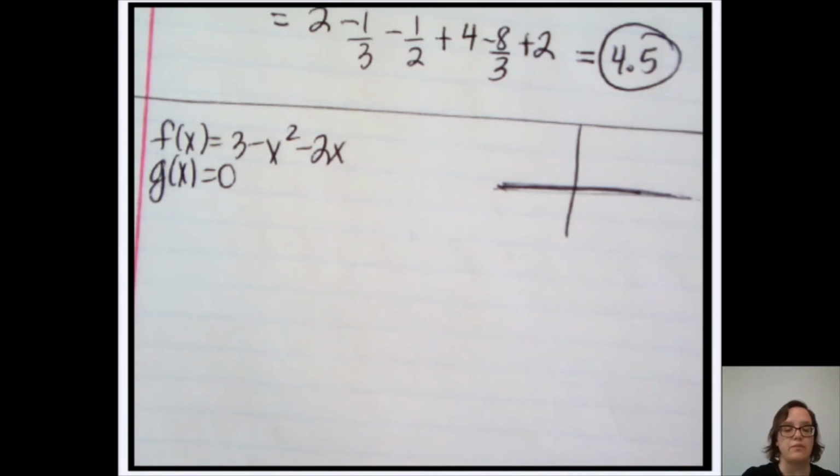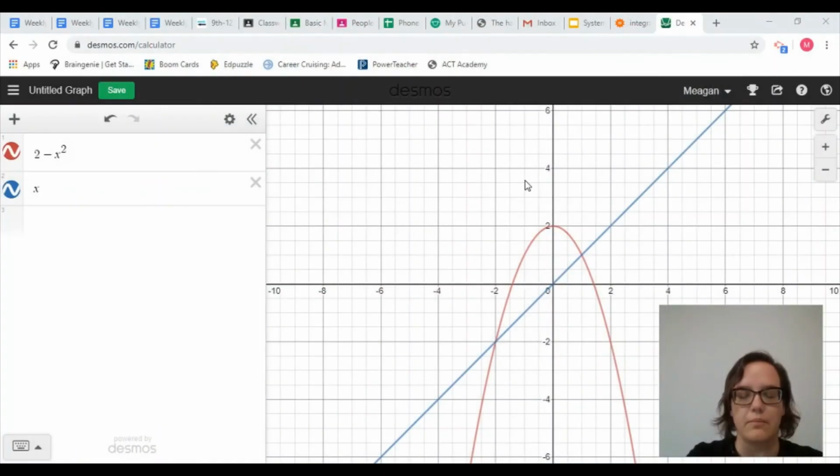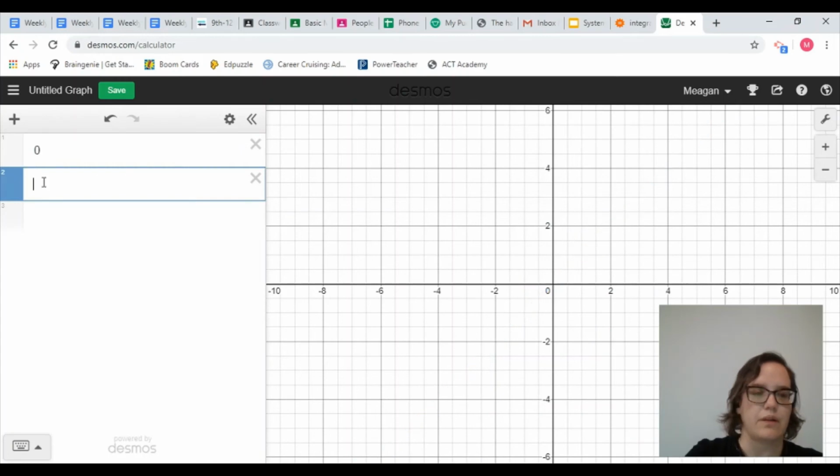Okay, so we know we have an upside down parabola. Again, we can use Desmos to go see what it is. So let's go over there a minute. And we can plug that in. We can plug in 0 equals y.